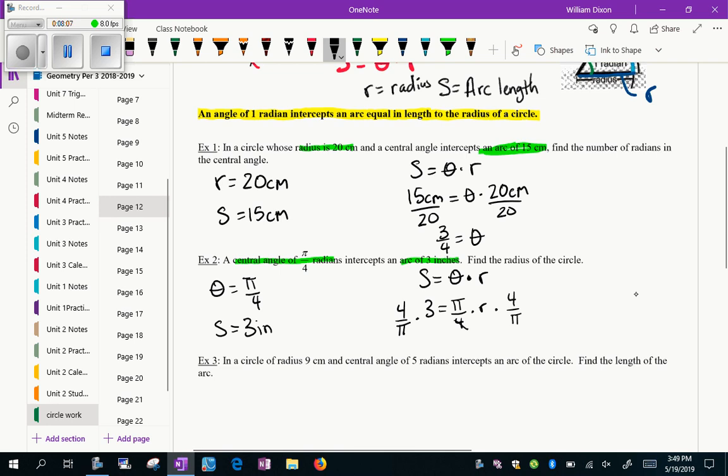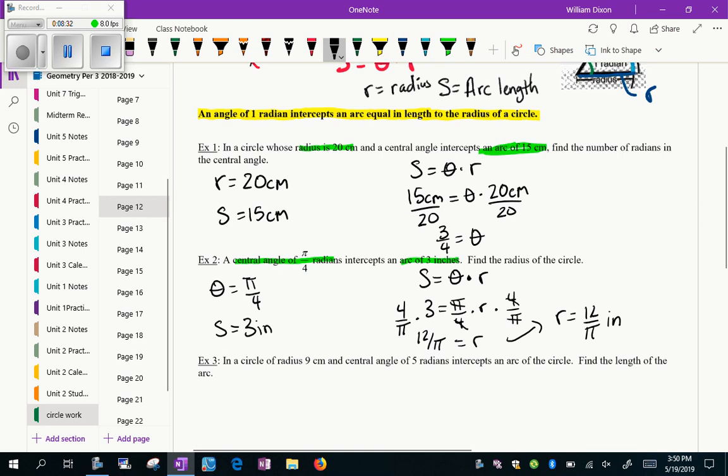I'm going to cross cancel. That equals r. And then I'm just going to multiply across, and I'm going to get 12 pi. And that's your answer. So I would just write r equals 12 pi inches.